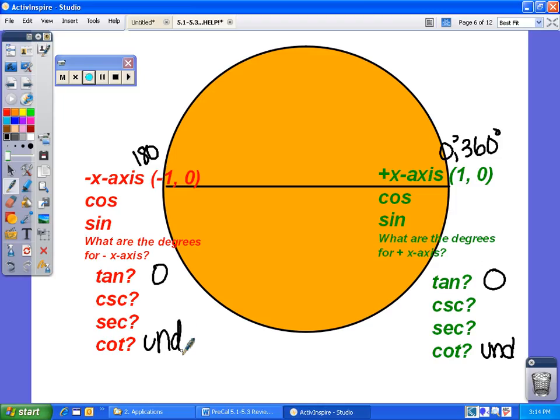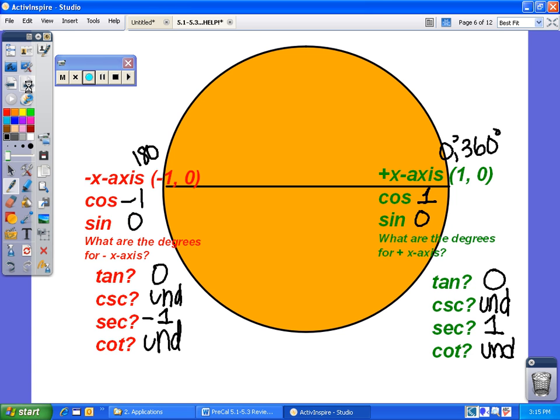Cosecant, which is the opposite of sine, will also be undefined, but secant will be equal to 1. Again, this will be undefined, and secant will be equal to negative 1. And of course, we know that cosine is 1 and 0, negative 1, 0. It's very important you know who's undefined and who's 0.